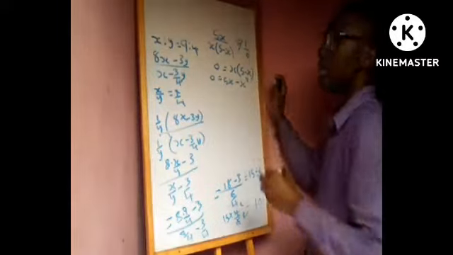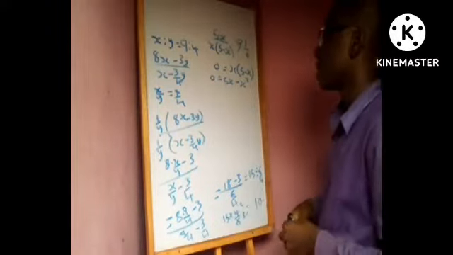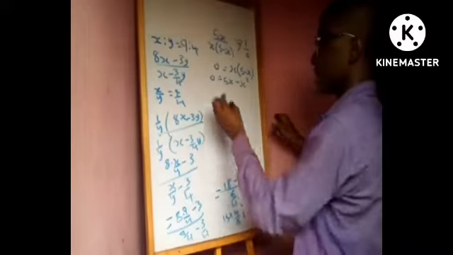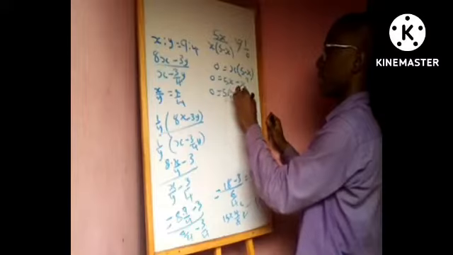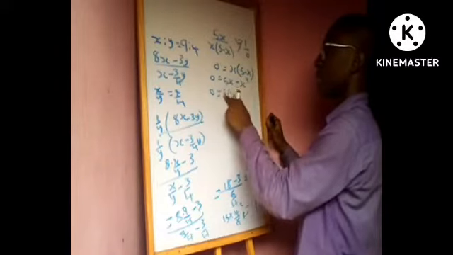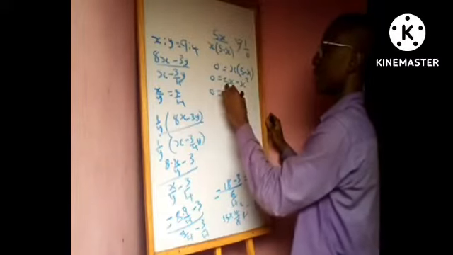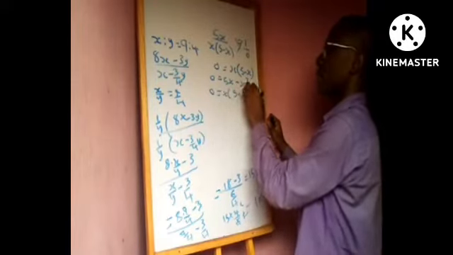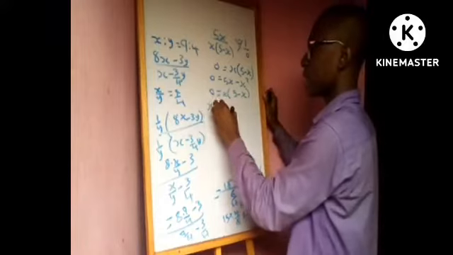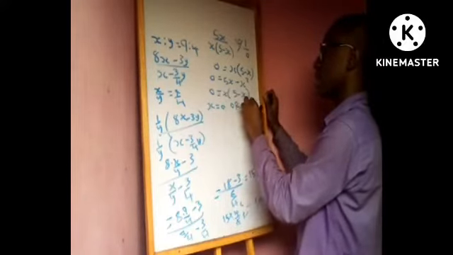So 0 equals 5x minus x squared, so 0 equals x open brackets 5 minus x. So we can simply say that either x is 0 or x is 5.